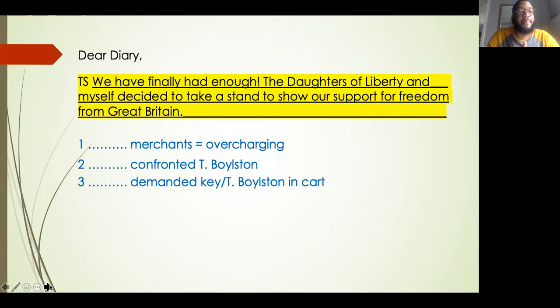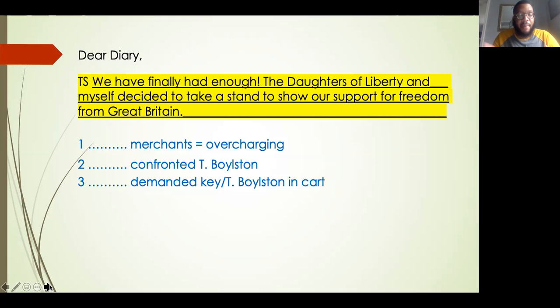The third thing that happened when you go back and read Act 4 is that they demanded Mr. Boylston's key from him because he had locked up the warehouse and he was trying to keep all of the coffee there. So they demanded his key, and when he refused, they threw him in a cart. And so I wanted to just write that in the shortest way that I could, and I wrote demanded key / because it's new information, T. Boylston in cart.